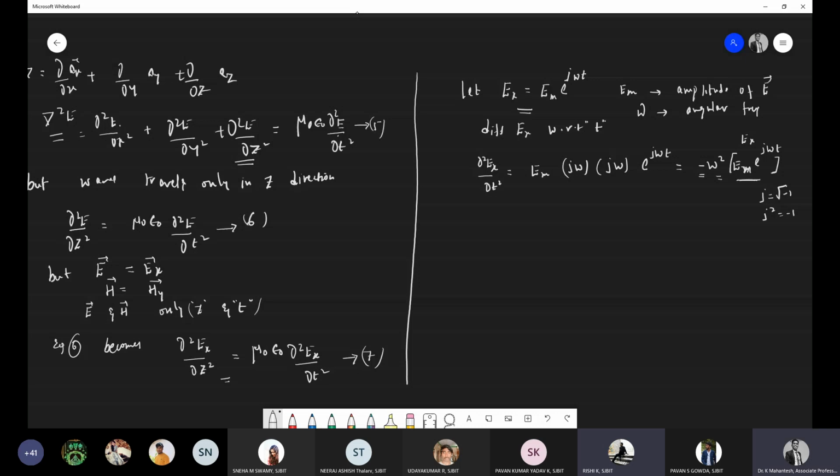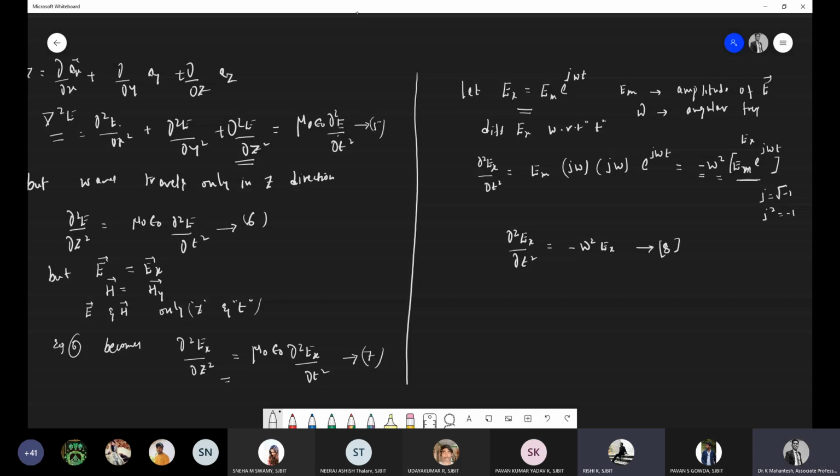Therefore, I can write this equation as dou square Ex by dou t square, which is equal to minus omega square Ex. Call this equation number 8.